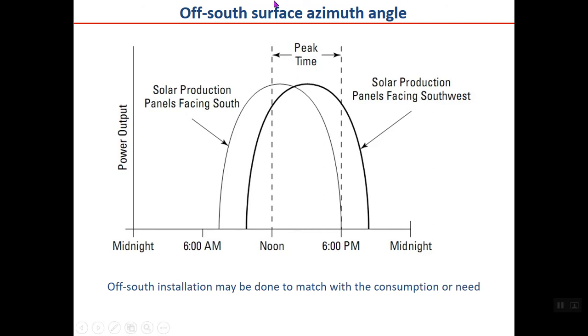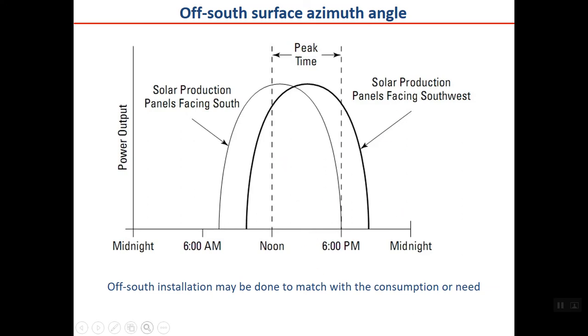You can see here in this graph that this one is the solar production or yield of a panel facing south. But if you face the panel southwest, then the production will be different, and you can see that the peak time will be shifted toward the afternoon.